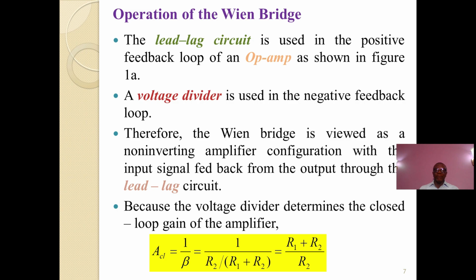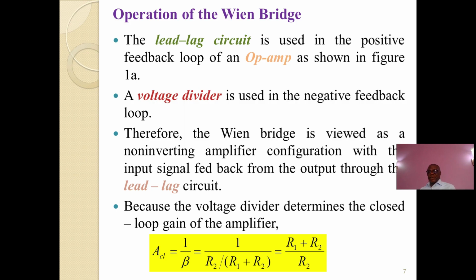Therefore, the Wien bridge is viewed as a non-inverting amplifier, put in the non-inverting configuration, with the input signal fed back from the output through the lead lag circuit. The lead lag circuit is the portion we marked in orange.